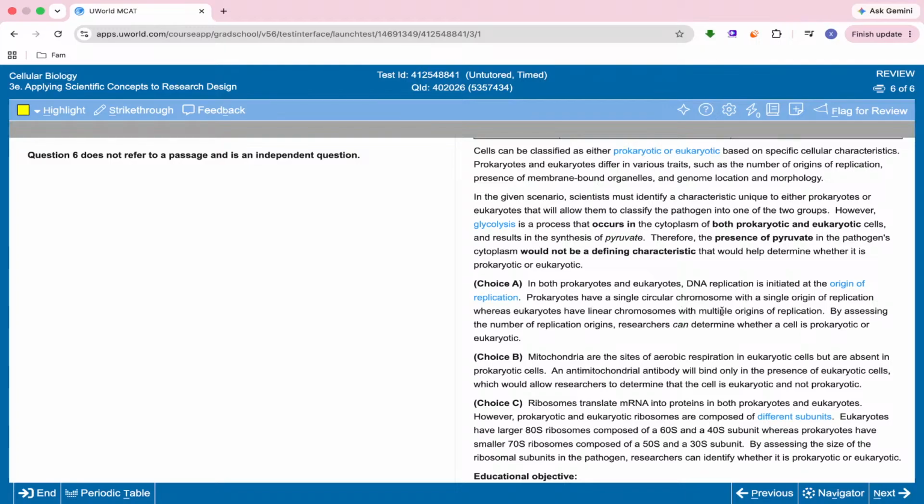Yeah, that's literally what I was thinking. The knot almost tripped me up, but in my head it was like prokaryotes might have one origin of replication.